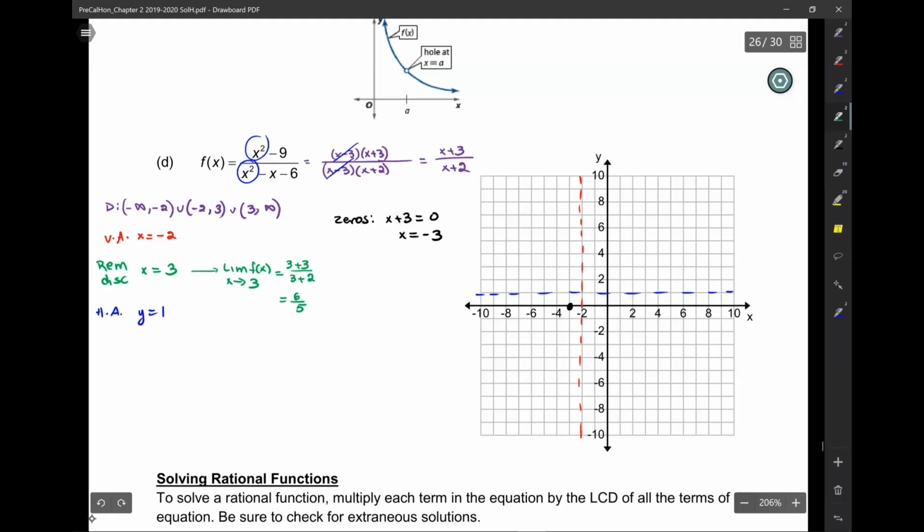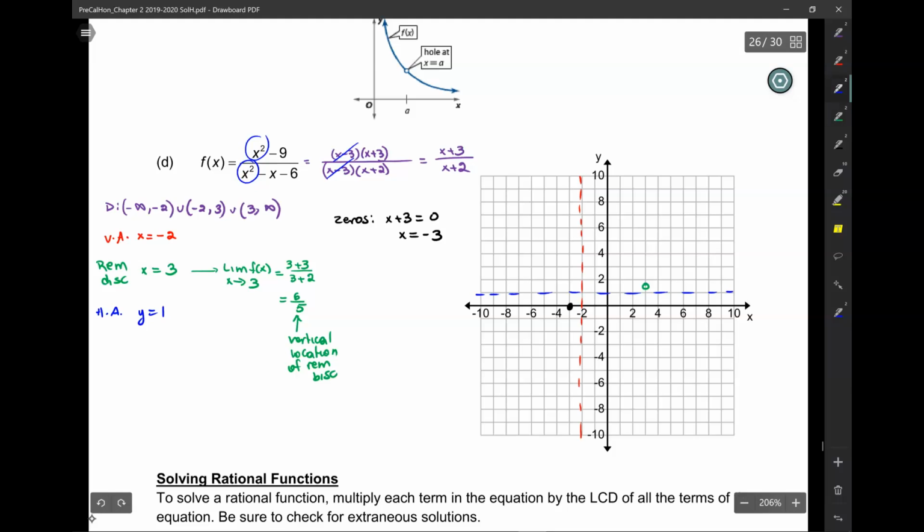That is the vertical location of that removable discontinuity. Okay? So this is the vertical location of the removable discontinuity. So at x equals 3 and 6 over 5, there is that removable discontinuity.